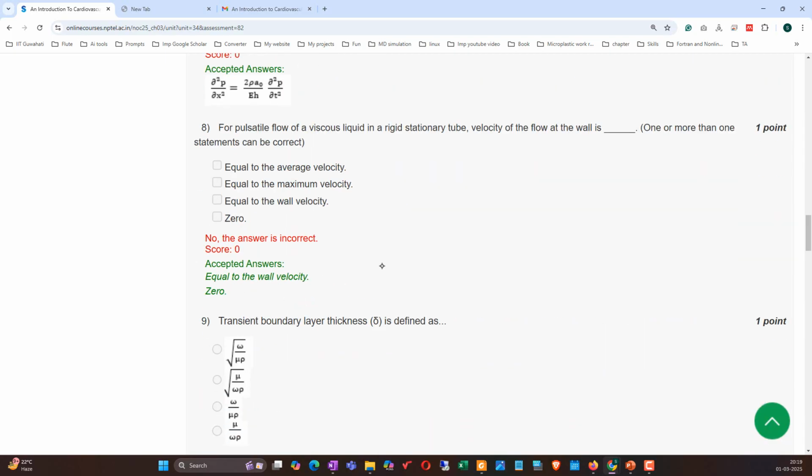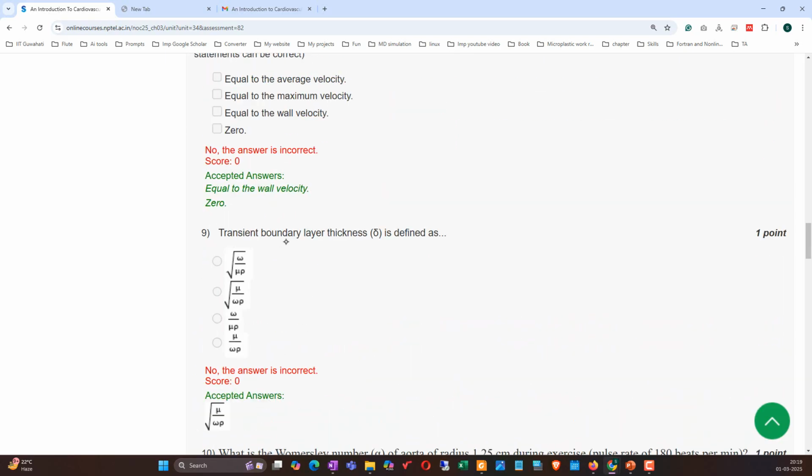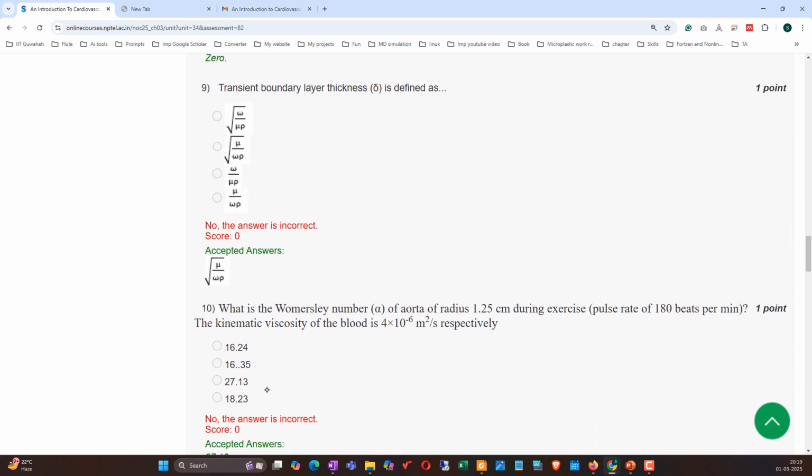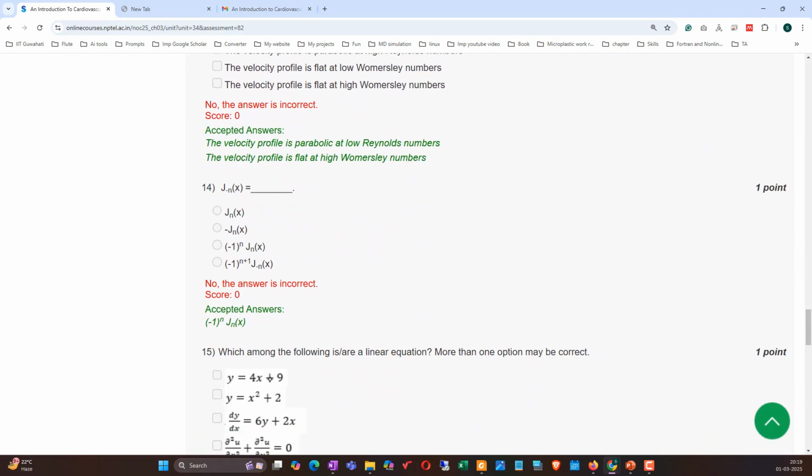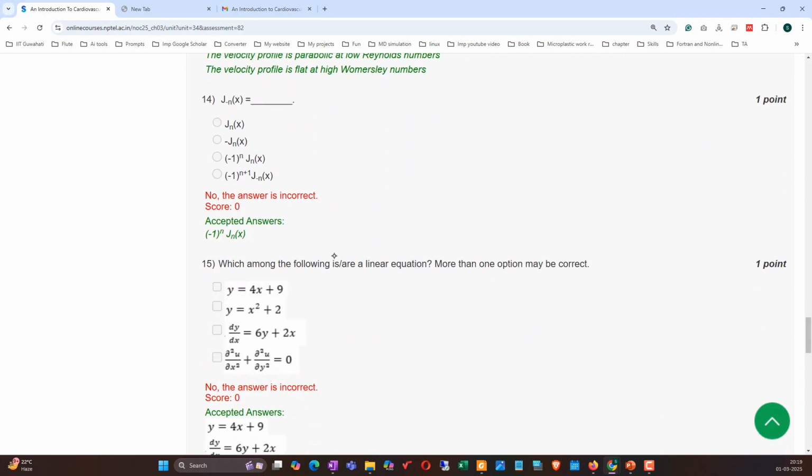Now, this one you remember: transient boundary layer thickness delta is defined as, so you can look at the unit. From the unit only you can actually pick the correct option, right? On the Bessel function, property of the Bessel.